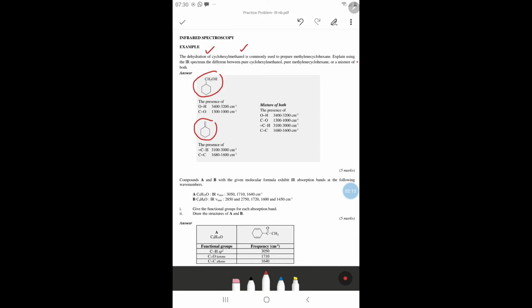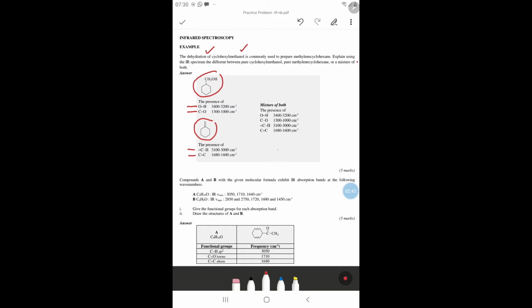First you need to draw the structure, and then list down all the bonds present in the molecule. For cyclohexylmethanol you can see the OH and the C-O. For methylene cyclohexane, you can see the CH sp2 for the alkene, and C double bond C for the alkene.